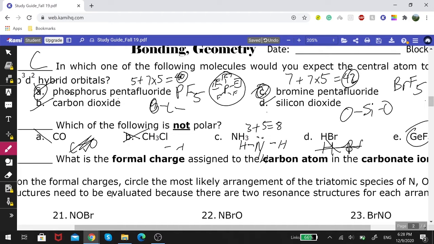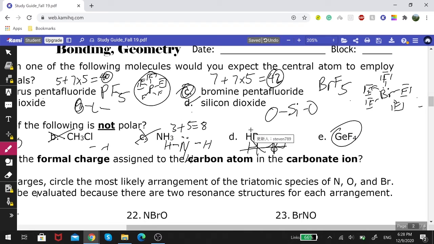And although all the hydrogens around it are the same, due to that lone pair, it makes it polar. So now let's see if GeF4 has a lone pair. GeF4 is Ge in the middle, 1, 2, 3, 4, F, F, F, F. If all of these F were filled, like what we have over here, it'll be 8 times 4, which is 40. So let's just check if GeF4 will have 40. So first we have 7 times 4.